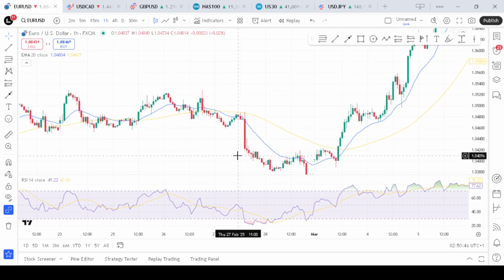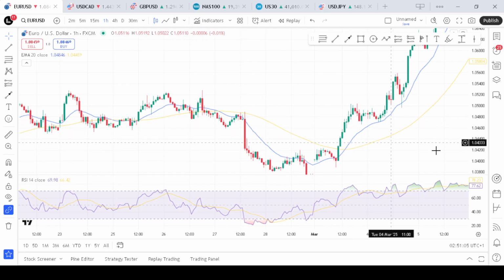To implement this strategy, you will need to use technical indicators that help you measure momentum and identify trends. One of the most popular tools is the moving average, which smoothens out price data to reveal the overall direction of the market.